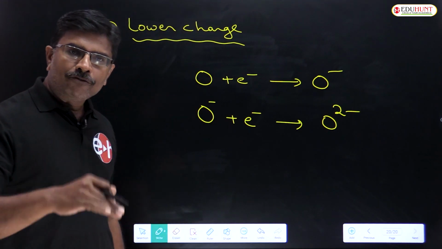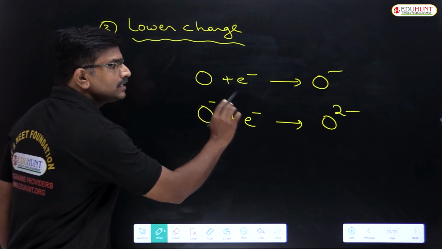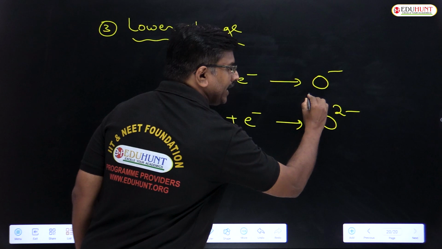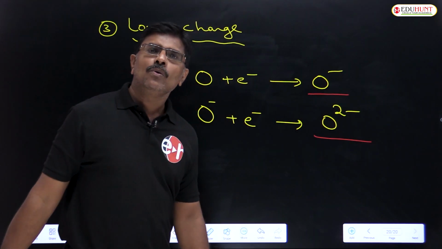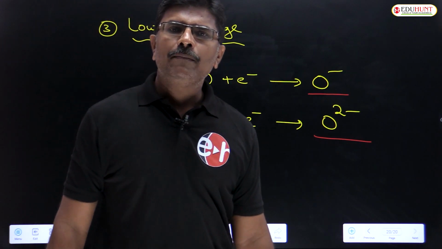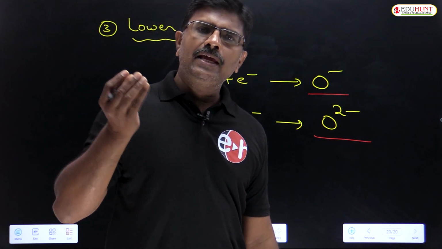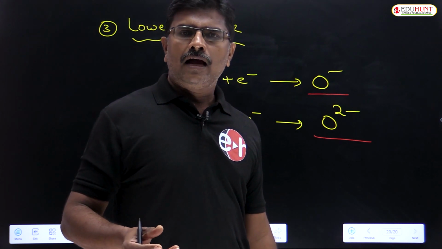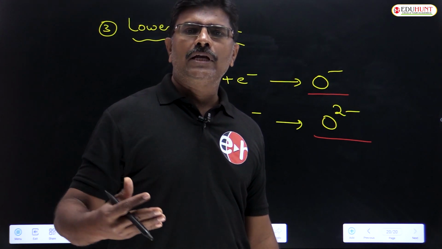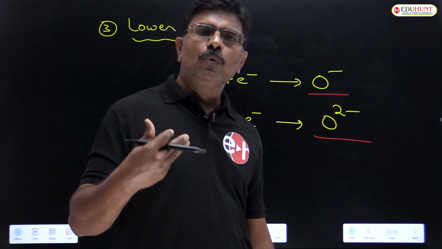So now what I want to say is, the ease of formation of O minus is more than the ease of formation of O2 minus. Why? Because it is very easy to accommodate one external electron, understood, than more than one.